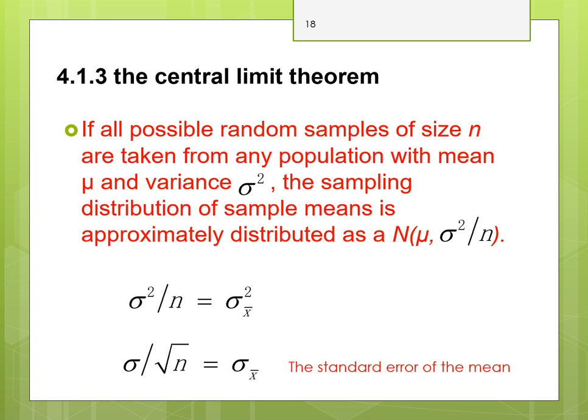This theorem gives us some very important results concerning the sampling distribution of sample means. If all possible random samples of size n are taken from any population with mean mu and variance sigma square, the sampling distribution of sample means is approximately distributed as a normal distribution with mu and sigma square over n.